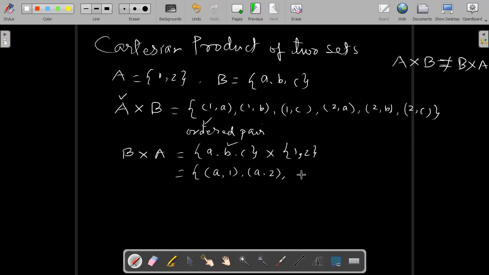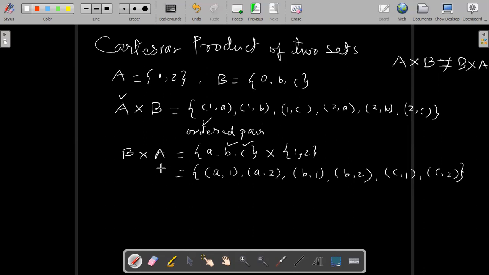Then you will take B: B1, B2. Then you will take C, very simple: C1 and C2. Because this will give you the concept of relation.